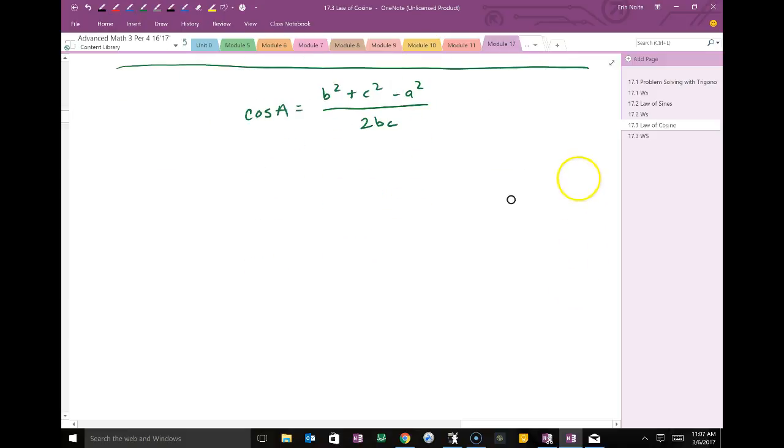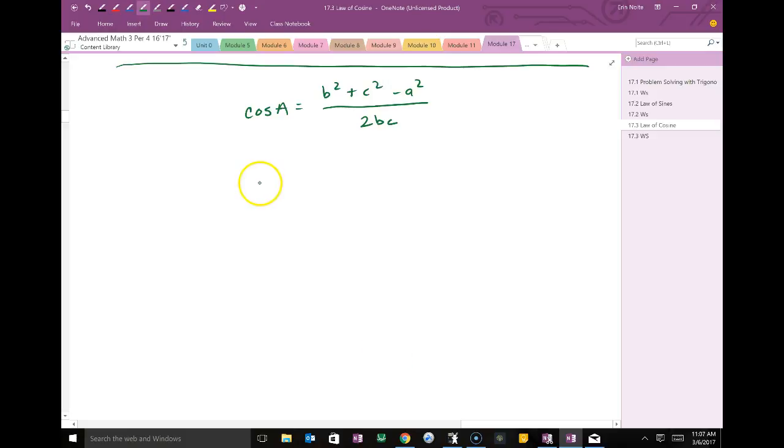Okay, so the second formula that you would write down, the one that correlates with the different variable: if we're looking for angle B, you would do a squared plus c squared minus b squared over 2 times a times c. This one is incredibly easy to remember because the two sides that are adjacent to the angle are always the positive ones on the top.